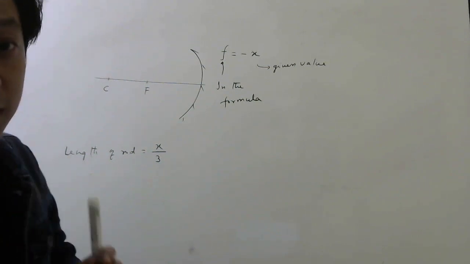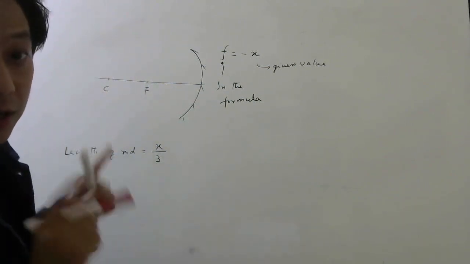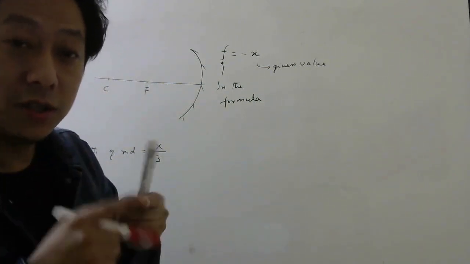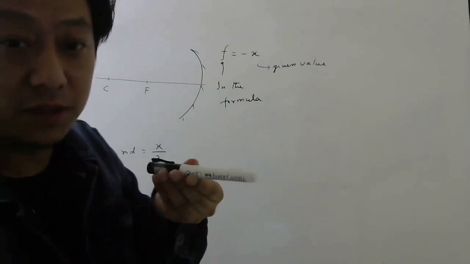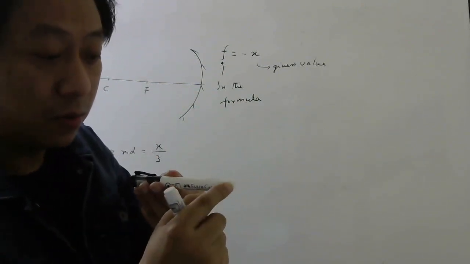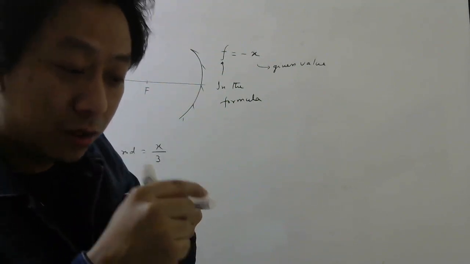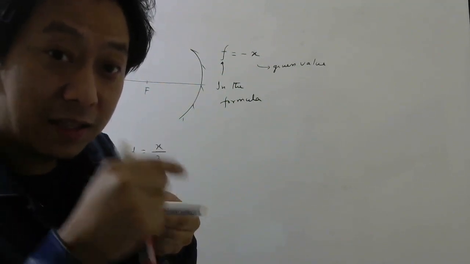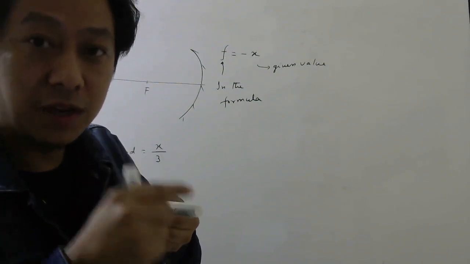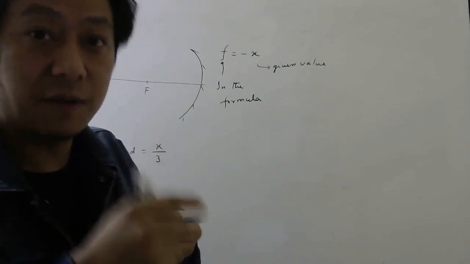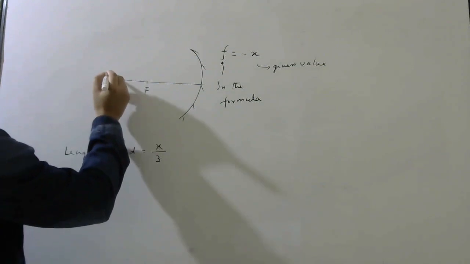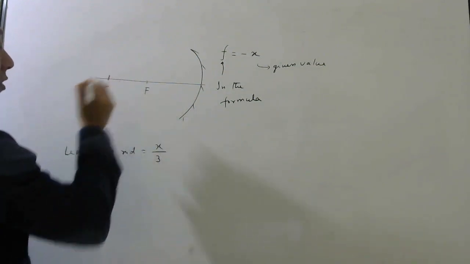Now one end must be at the center because they told image is also touching one end. So if this is the object, image of one end touches that end. That means that end should be at the center of curvature so that image and object are at the same point. So one end of the object is at center of curvature.